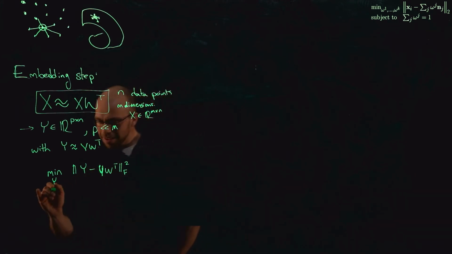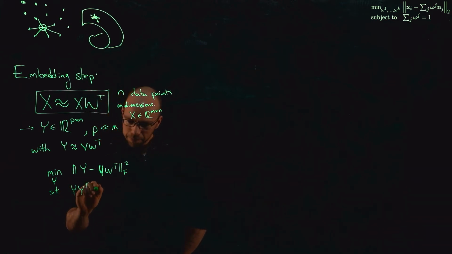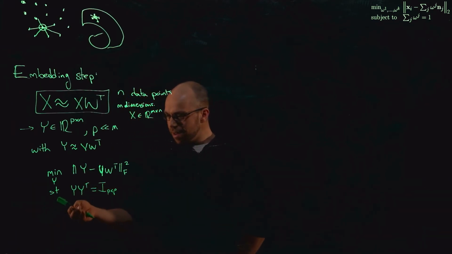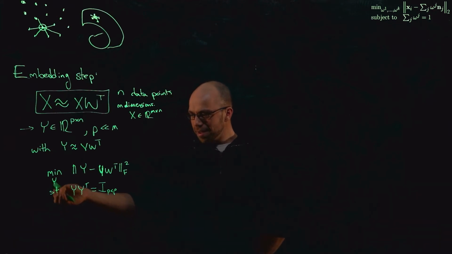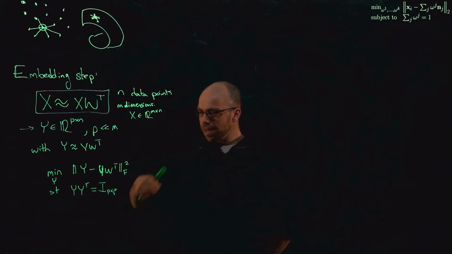So instead, in LLE, we add a constraint. Namely, we write that Y times Y transpose is equal to the identity matrix. So the basic point here is that now we're going to ask that there's some kind of orthogonality condition which is making sure that our embedding is non-trivial, right?